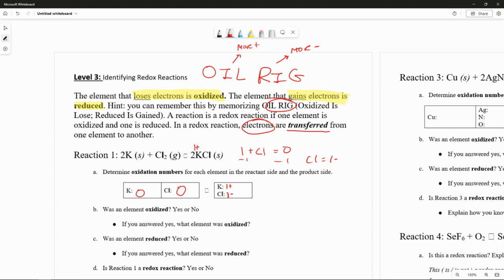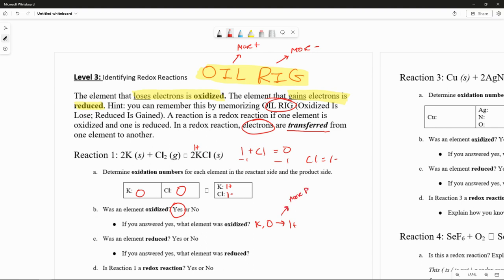All right. So was an element oxidized? We have to take a look at our OIL RIG here. Oxidation is the loss of an electron. So, do we lose an electron? Yes, because if you take a look at K, potassium, we're going from a 0 oxidation number to 1 plus, meaning this is going to be more positive.